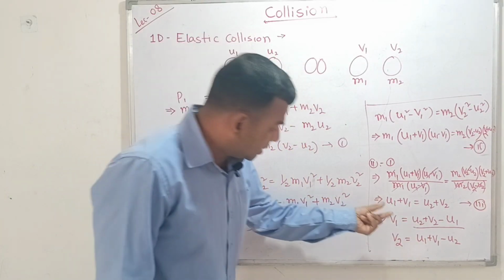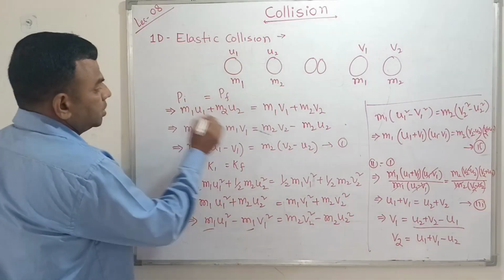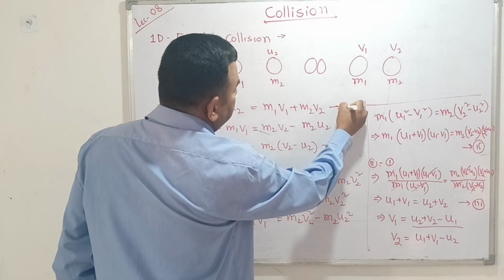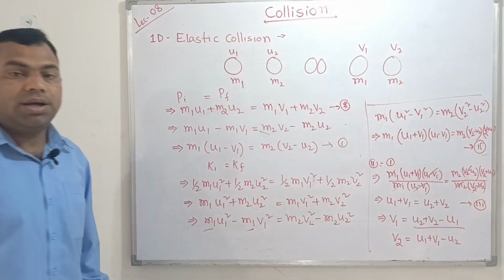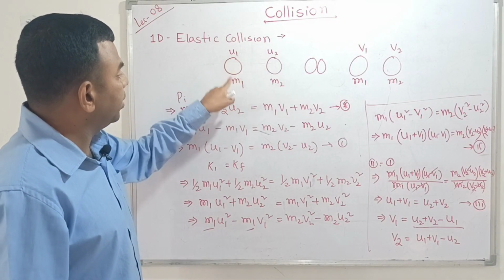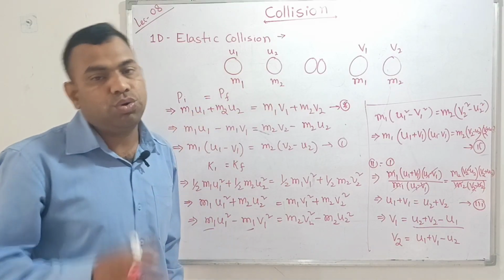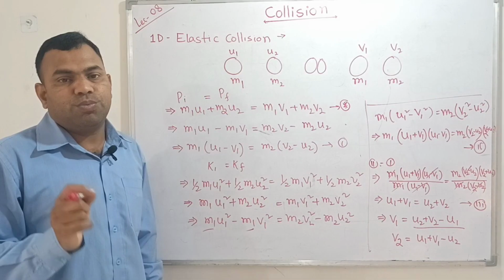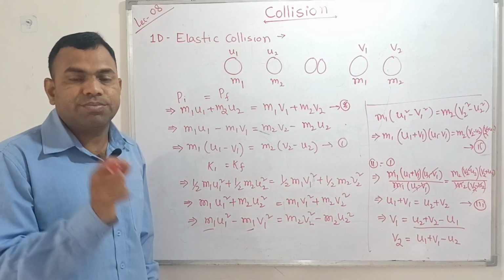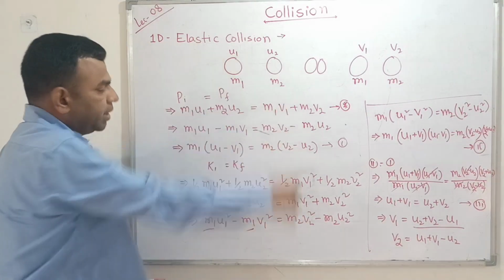For this, we will put the same value into the star equation. So we will find b1 and b2 in terms of u1, u2, m1, m2, since m1, m2, u1 and u2 are known to us. Understood? Pause the video and note it down, then we will start again from here.